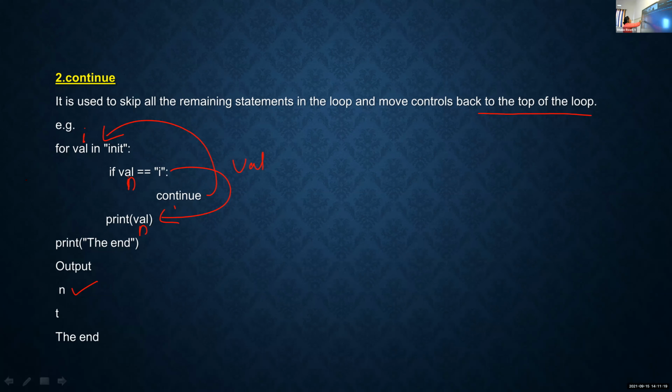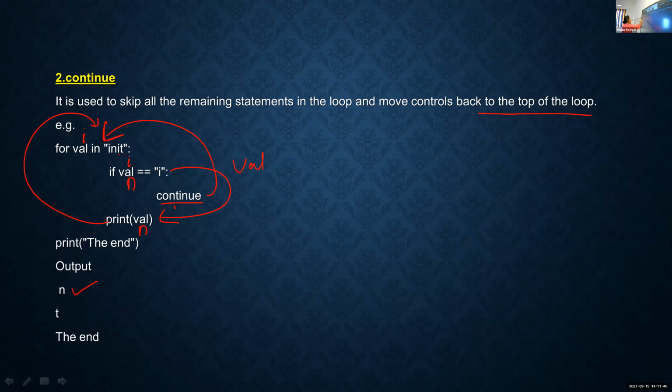After that, again the value is i, the second i. So the condition is true, it will execute this continue statement, that is the next iteration.